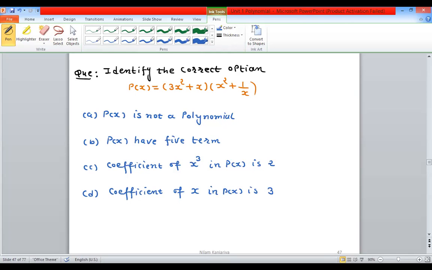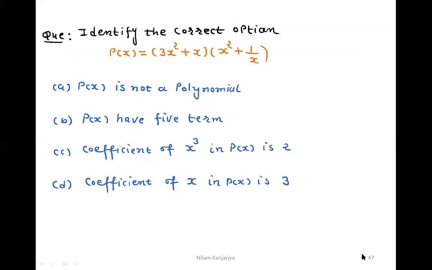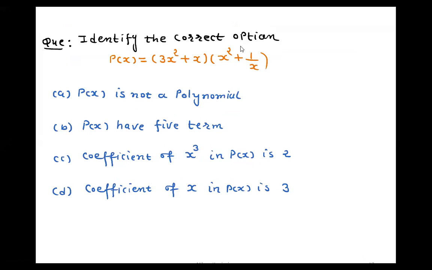So tell me, first of all, I give you the hint. First of all, the product is of 2 polynomials. Multiply these 2 polynomials and see what happens. And which option is correct?